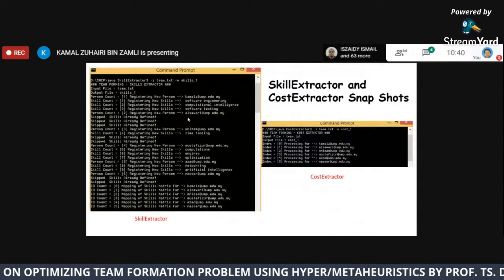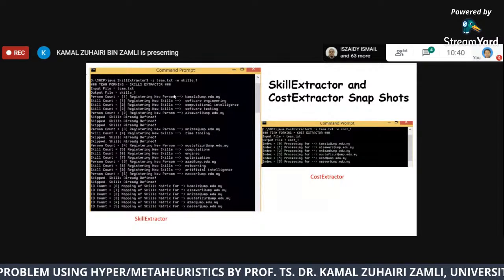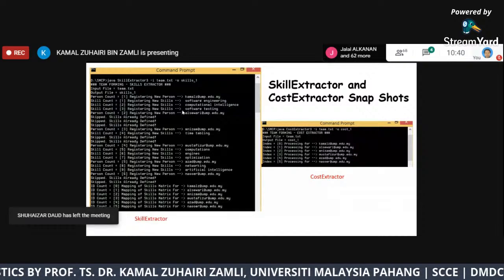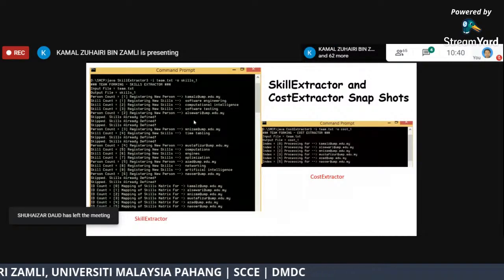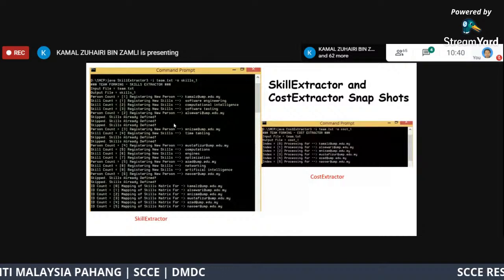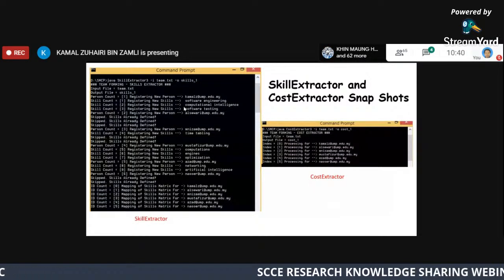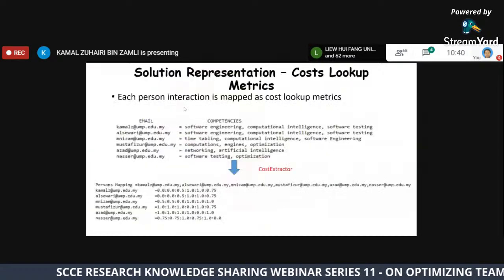Now, this is the example of our skill extractor and cost extractor. The skill extractor will read the input skills, and from that we develop new skills and build the matrix that we want. Similarly, for the cost extractor, we build a cost matrix.